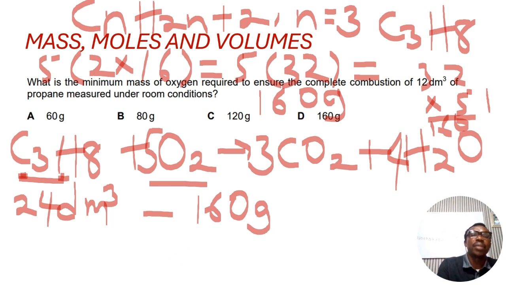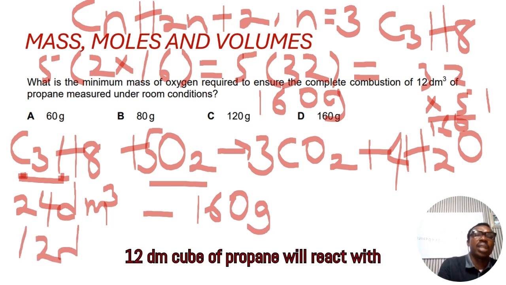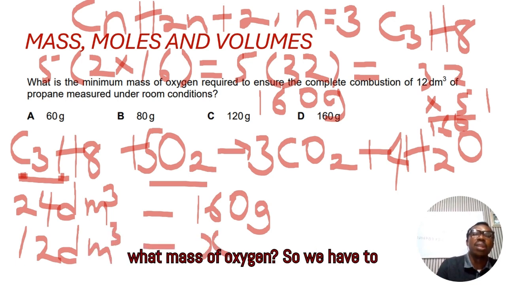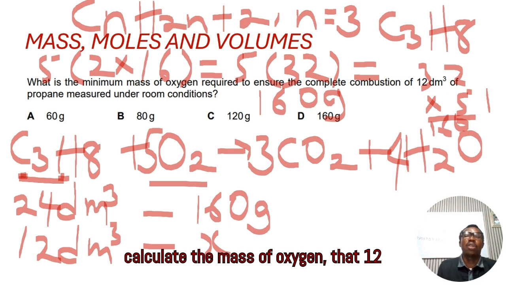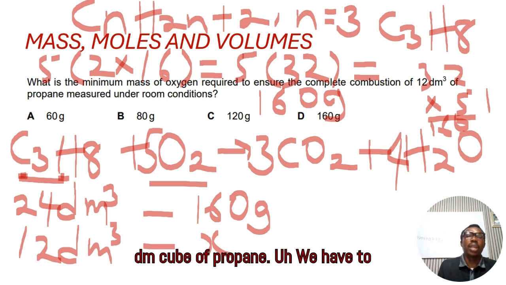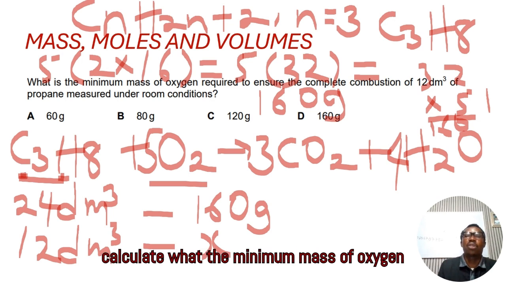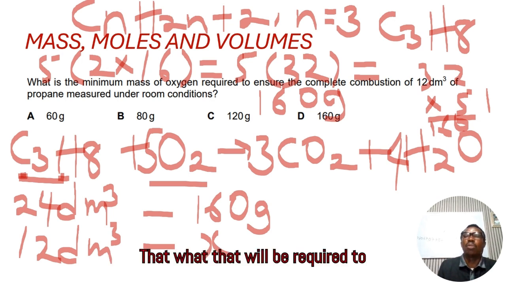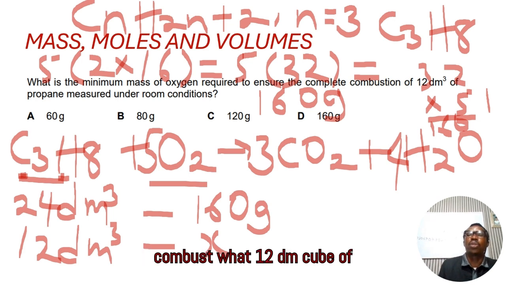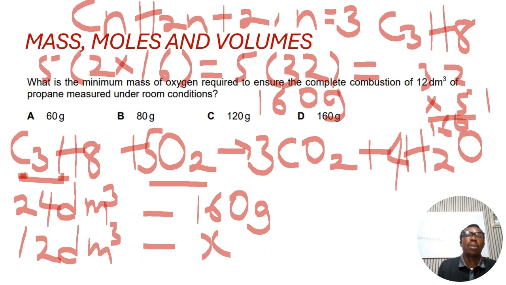So therefore, 12 dm³ of propane will react with what mass of oxygen? We have to calculate the minimum mass of oxygen that will be required to combust 12 dm³ of propane.